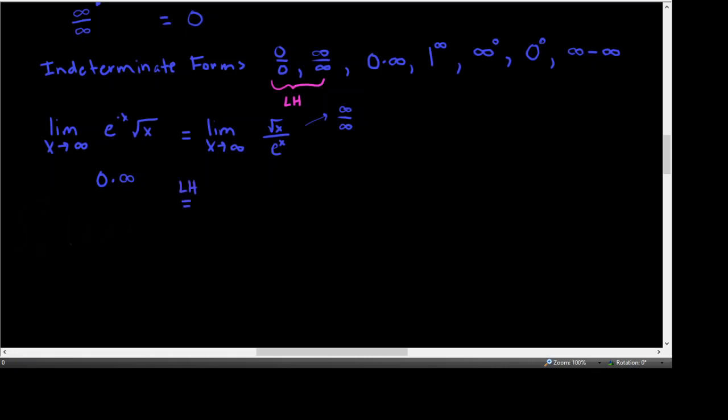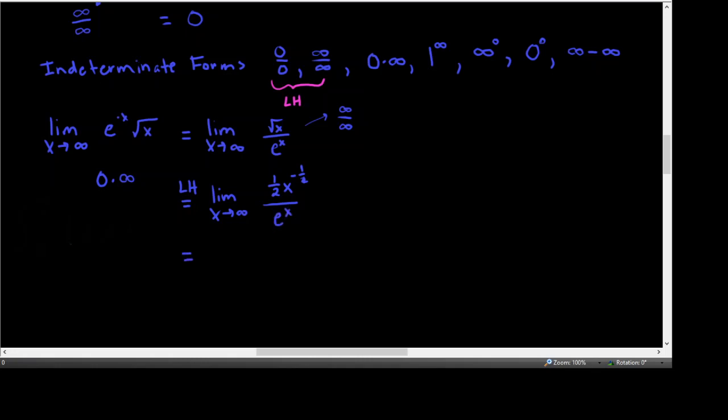Now keep in mind, radicals are things that we don't leave as radicals. So I'm going to be thinking in my head that the square root of x is x to the 1/2. So the derivative of that is 1/2 x to the negative 1/2. And then the derivative of the denominator function, coolest function ever, is e to the x.